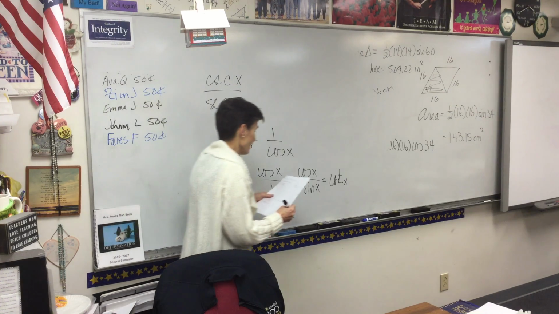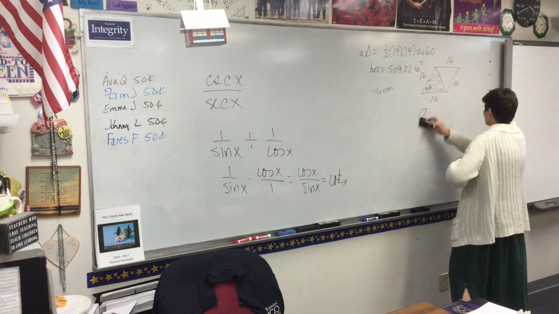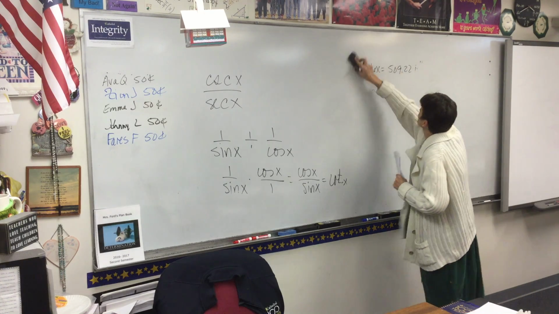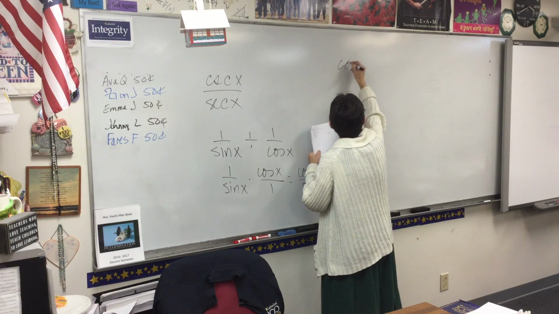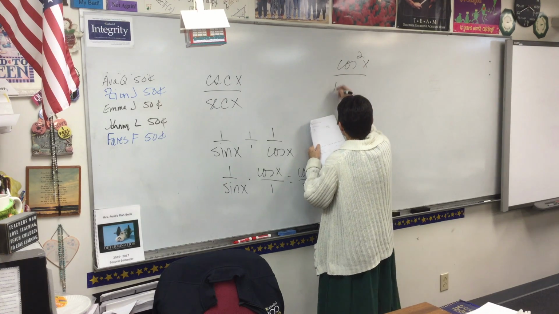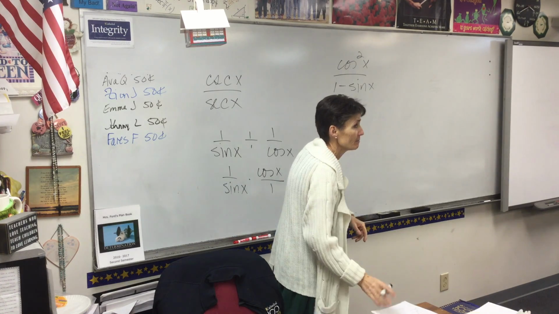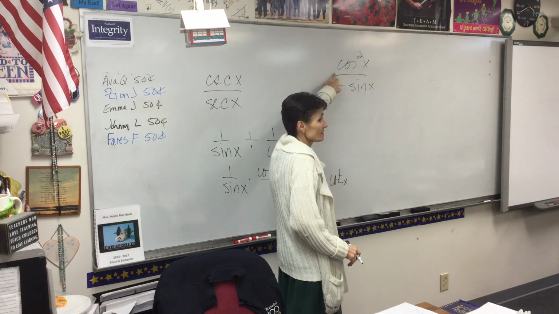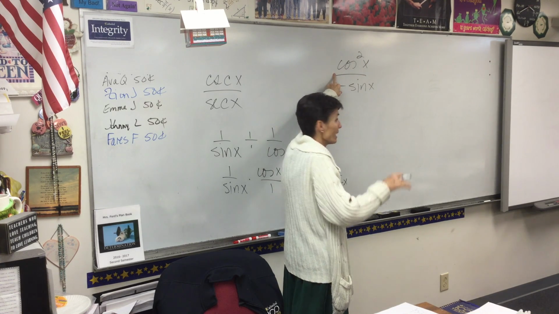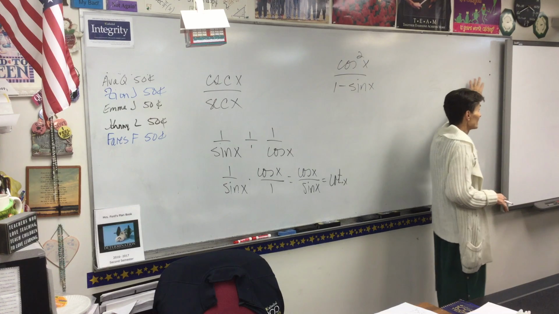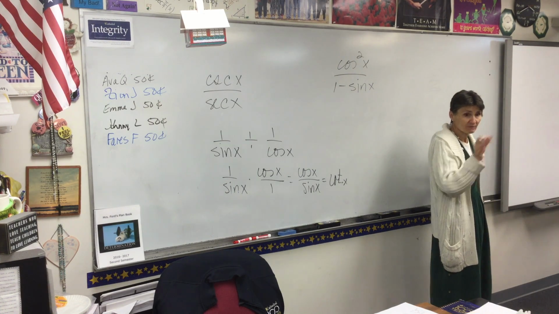All right, B. What about B? 1 minus sine x squared over 1 minus sine. So, just get the cosine squared. That numerator up there is a squared function. And I have a list of identities where all functions are squared.